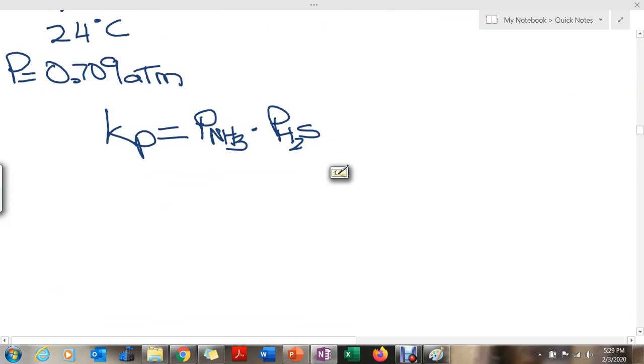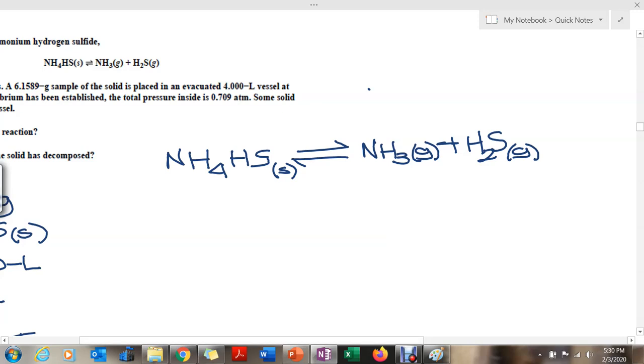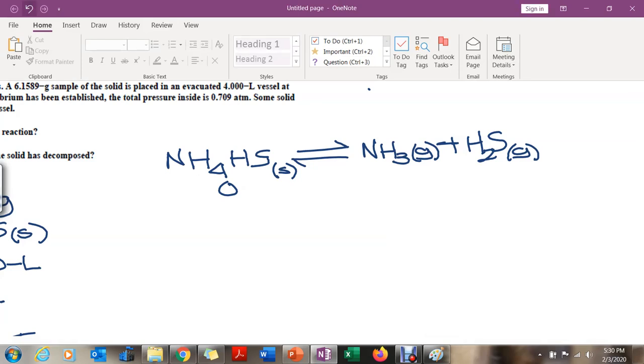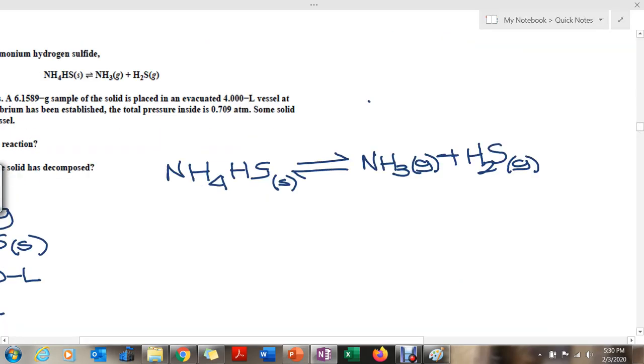Now, how do we determine the Kp? Let's look at the equilibrium. The solid you don't count for the equilibrium. So this was the solid initially, and then you have 0 and 0 of the gas.